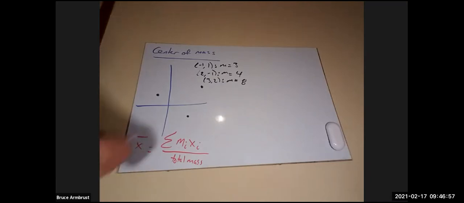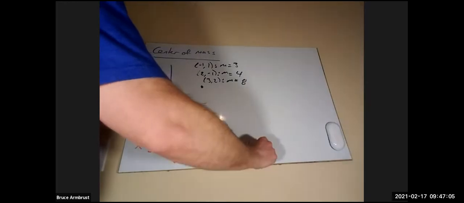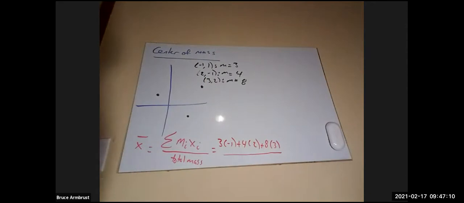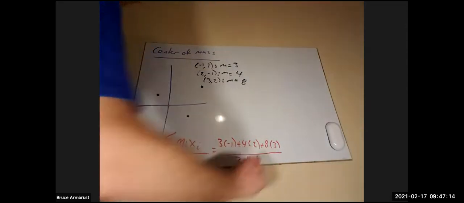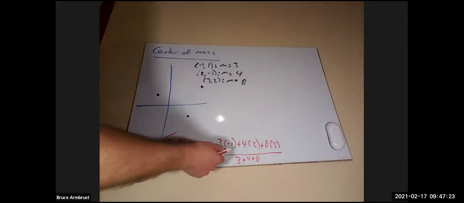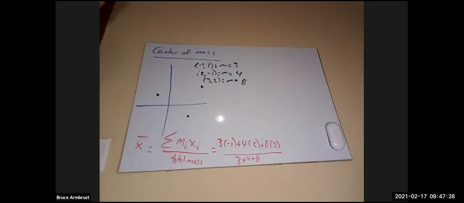We may not have written it exactly like this, but this is the idea. All right, so that's actually easy enough for us to do here. If we wanted to calculate this real fast, it would be 3 times -1 plus 4 times 2 plus 8 times 3. And the total mass would be 3 plus 4 plus 8. So if you were to do those calculations, you end up getting, let's see here, 24, 32 minus 3 is 29.